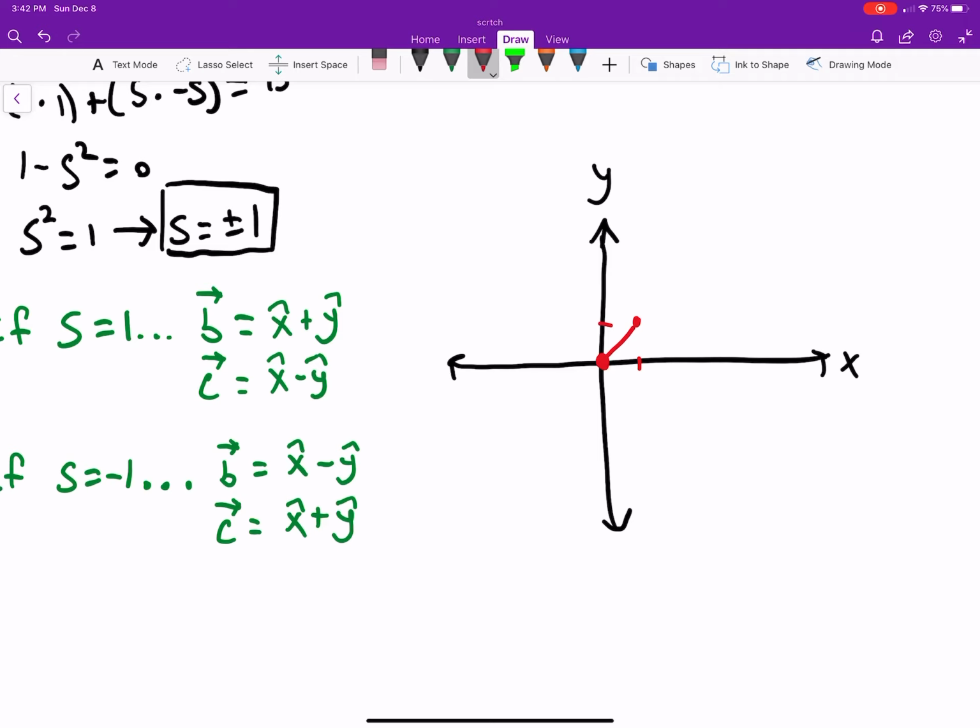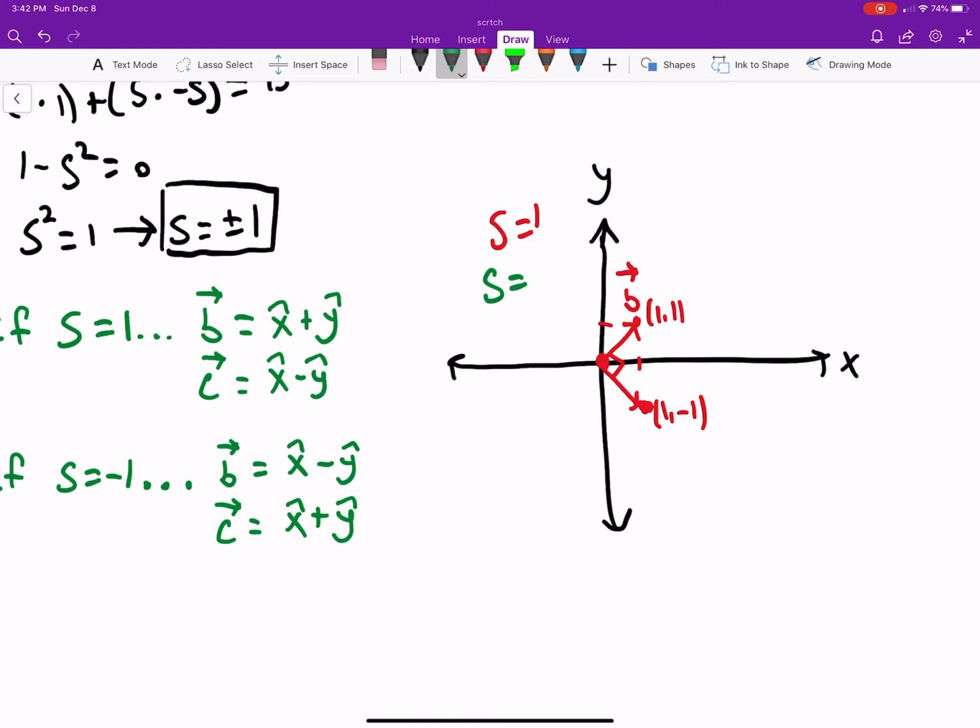This is when s is equal to 1, by the way. So this is vector b. And then for c, it's the same thing, only it's going to be down. That should be perpendicular. So this is the point 1, 1, and this is 1, negative 1. Hopefully that part makes sense.